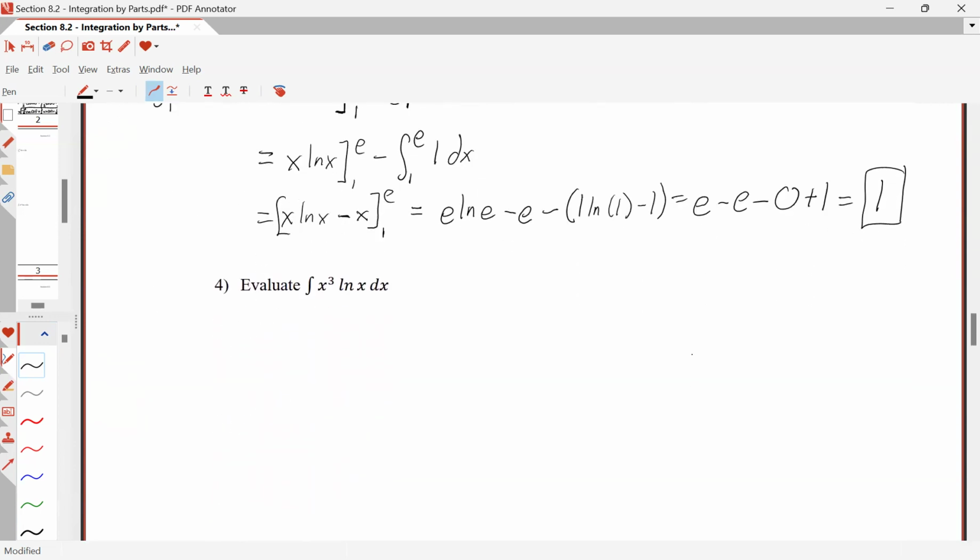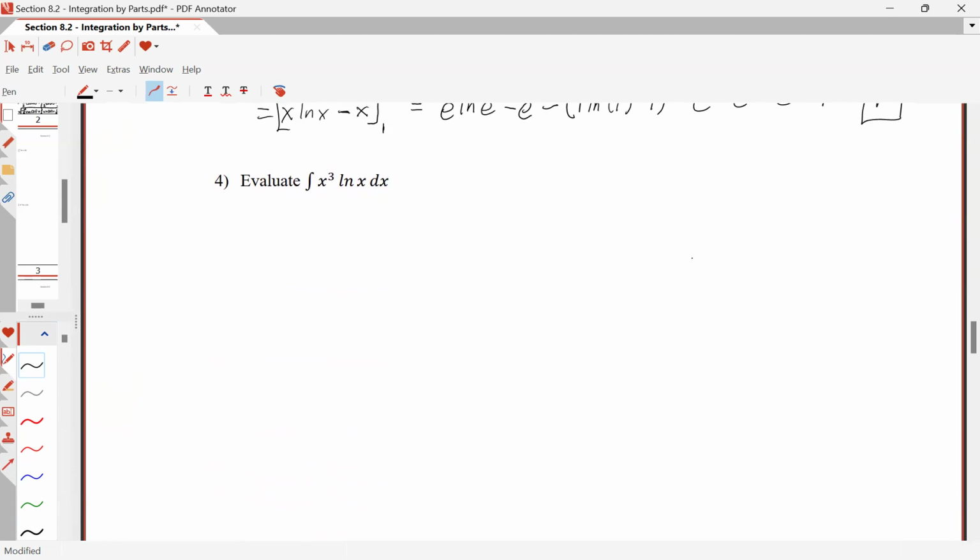With integration by parts, so we're going to take a look at another natural log using ILATE, and we're picking u and dv. U, very likely, if there's a natural log, is going to be the natural log, making du 1 over x dx, and dv is everything else, the x cubed dx.